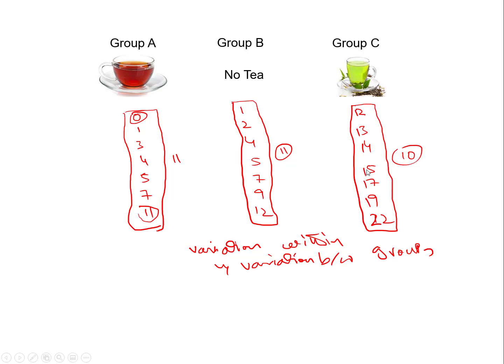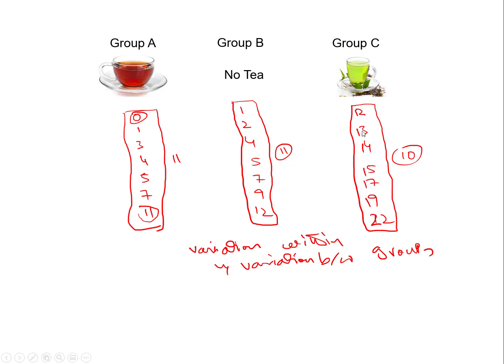Variation between group tells you how the variation compares to other groups. Now you compare this with this with this. There is some very minute variation: 1 kg loss, 2 kg loss, 4 kg, but in this one there is a very huge impact. Those who drink green tea, there is too much loss.